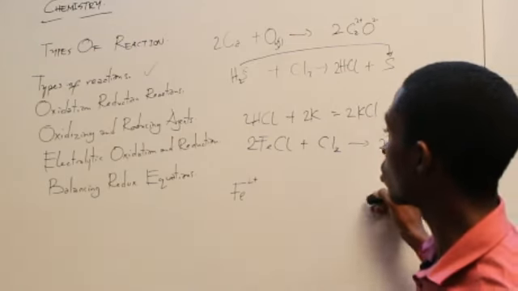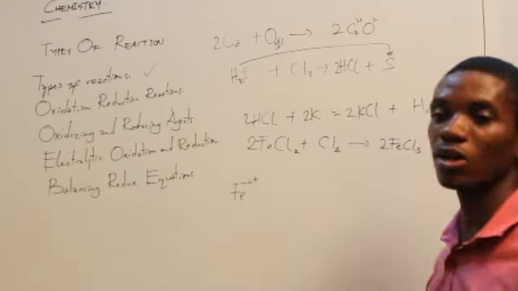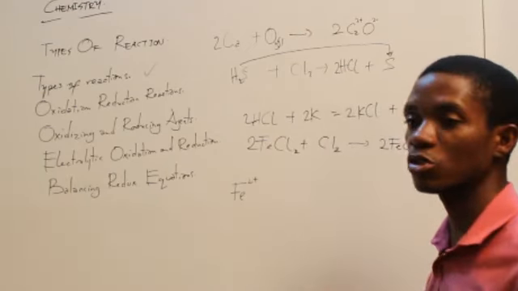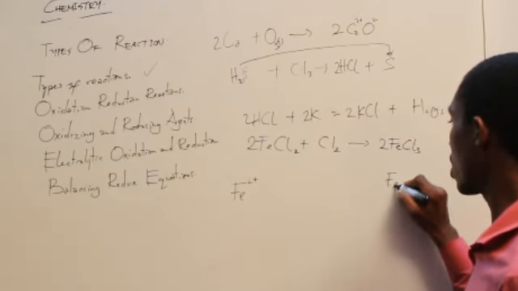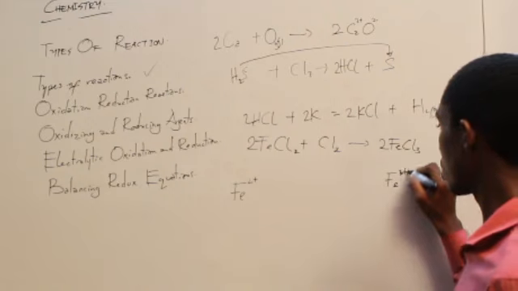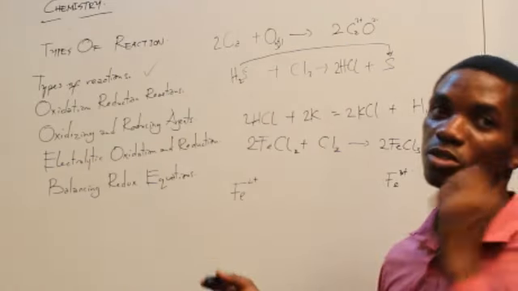Now at this +2 state, this iron still decides to give another chlorine one more electron. So when it's giving another one electron, it becomes Fe3+, not 2+, because it is losing a minus.